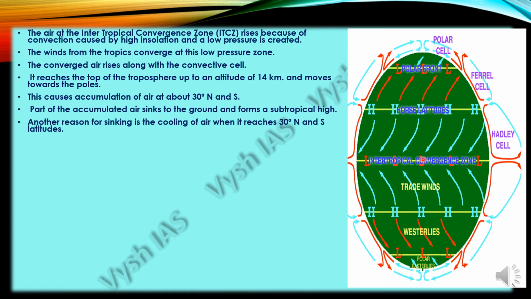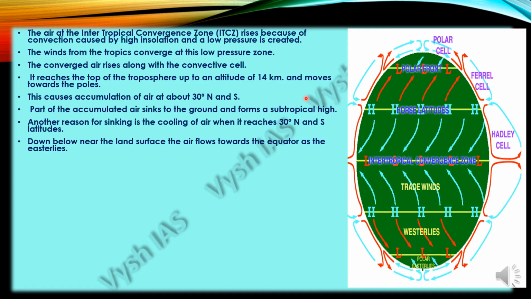Another reason for sinking is the cooling of air by the time it reaches these 30 degree north and south latitudes. The air won't be constant; the temperature will keep changing according to the air which is moving around in that particular direction.